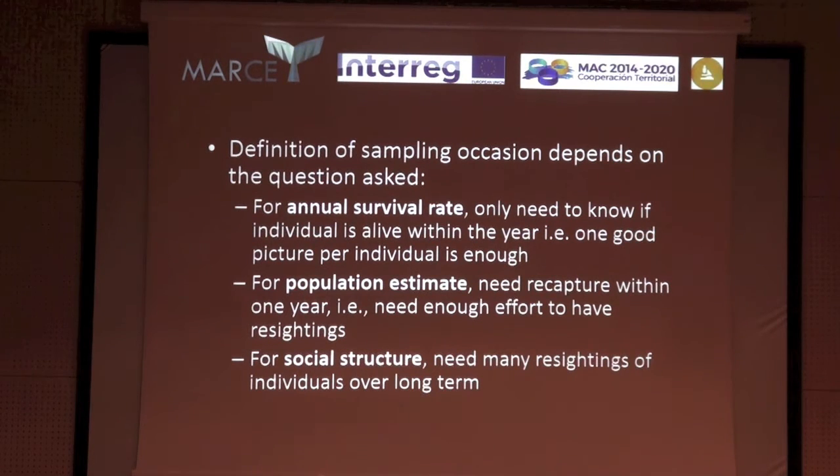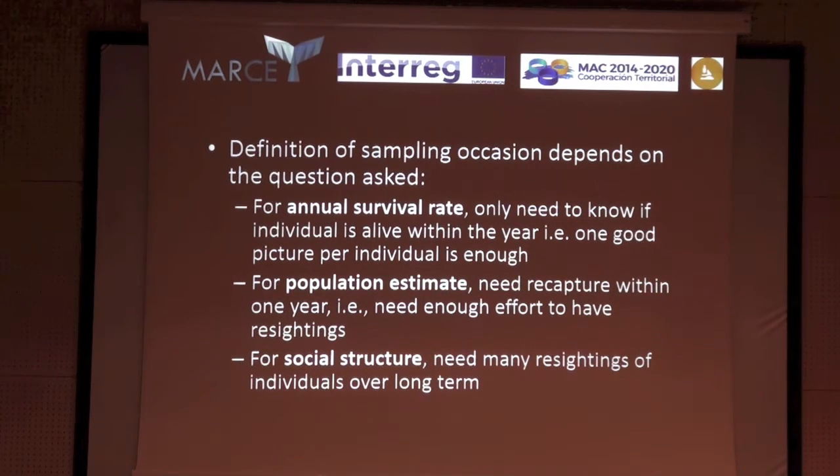I've talked before about the sampling occasion. The definition of this sampling occasion depends on the question that is asked. If you're only interested in annual survival rate, then you just want to know if the individual is alive within a year, so you just need 1 picture of that individual, and that's enough.